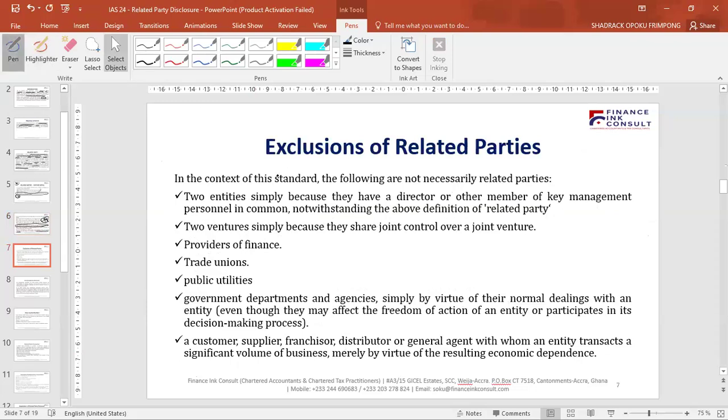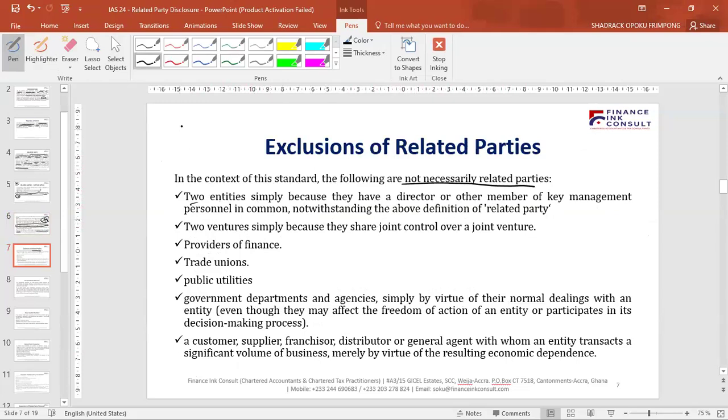Exclusions. Exclusions of related parties. In the context of this standard, the following are not necessarily related parties: two entities simply because they have a director or other member of key management personnel in common.